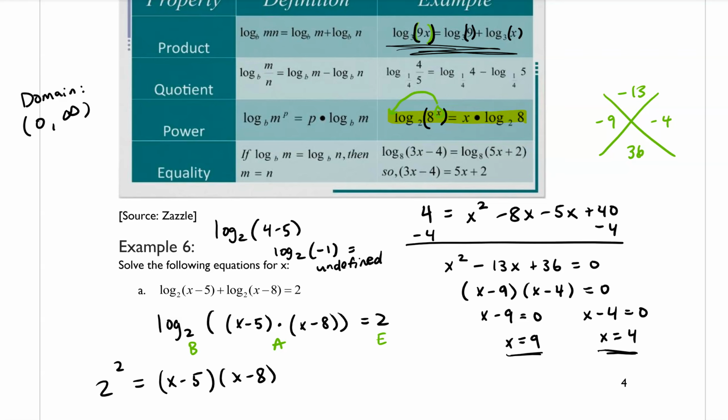So what that means is in reality, x equals 4 is not one of our solutions, and really our only answer is x equals 9. So you definitely always want to, after you get your answers, plug them back into the original equation and check that all of them work. And if not, your final answer is only going to be the ones that are in the domain or the ones that work.